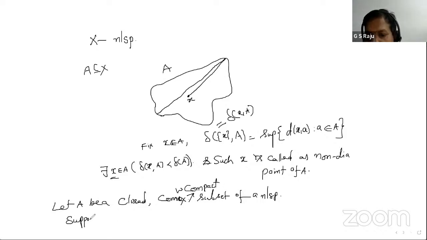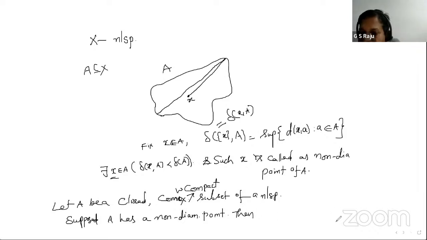Suppose A has a non-diametral point. Give me a second, not only a non-diametral point, sorry, I will define one more geometrical structure.